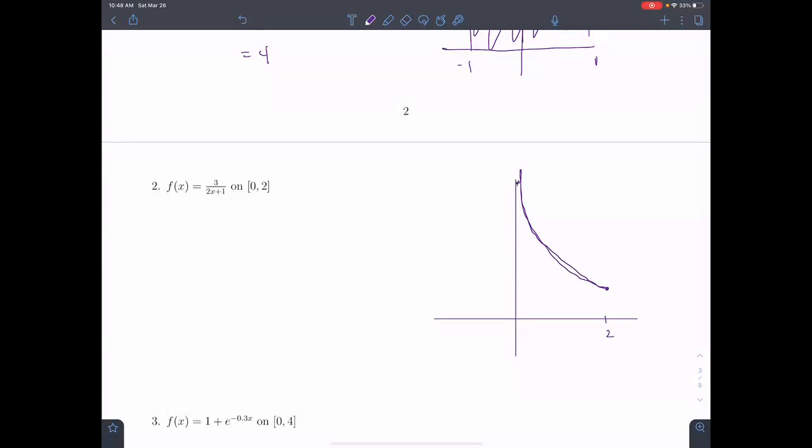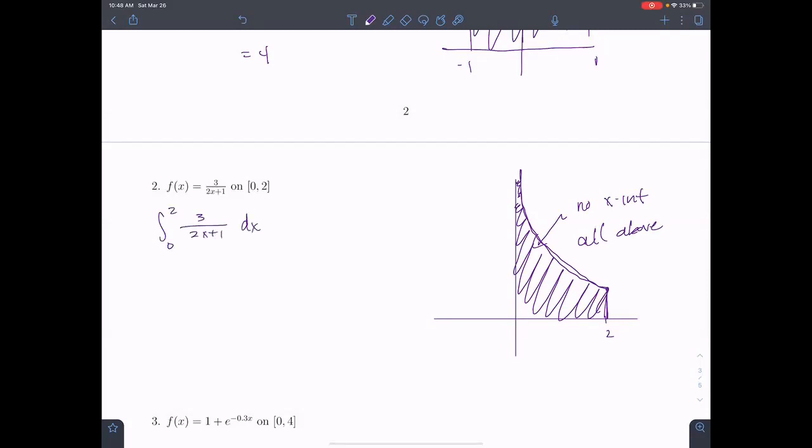So we would be looking at this area, which again is all above the x-axis. No x-intercepts on our interval. All above the x-axis, so nothing special needs to happen here. Just do the integral. So the integral from 0 to 2 of 3 over 2x plus 1 dx.